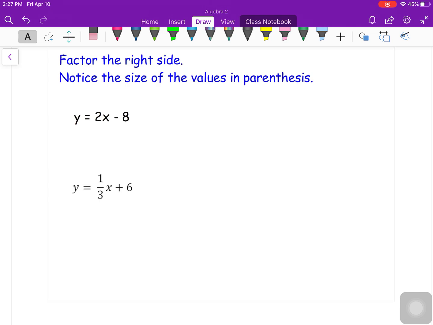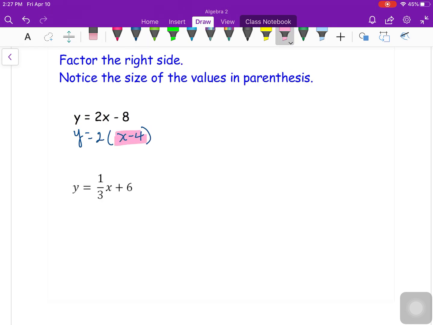All right, I just want to show you something here. Mathematically, we are going to factor this to see what happens. So if I factor this, I get 2 times x minus 4. So it says, notice the size of the values in the parentheses compared to the original function before it was factored.